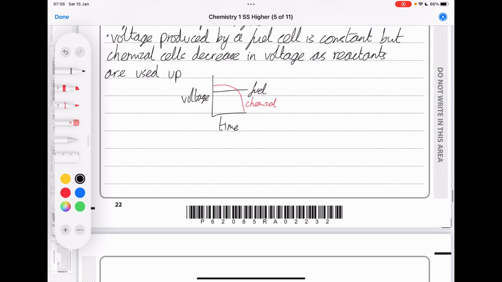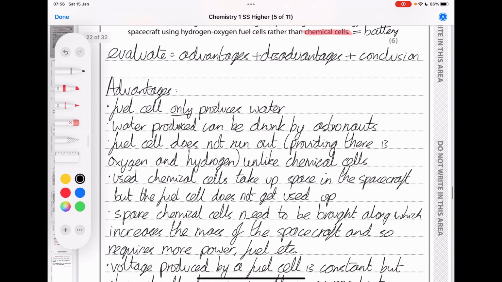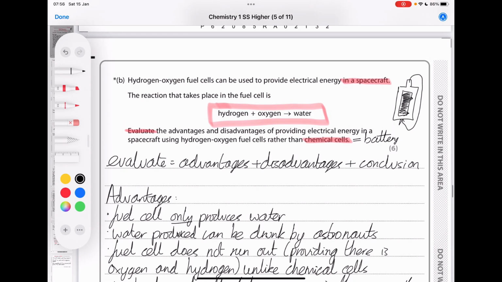Okay then, disadvantages of the fuel cell. What we could have said. First off, hydrogen is flammable.